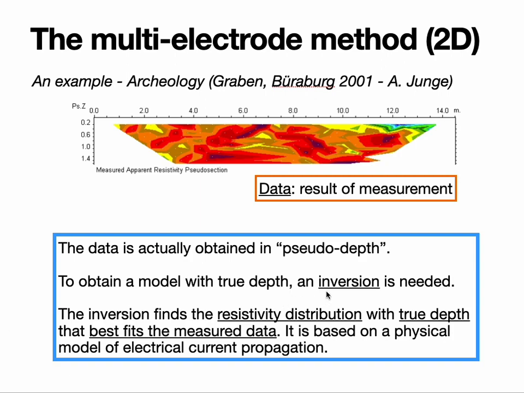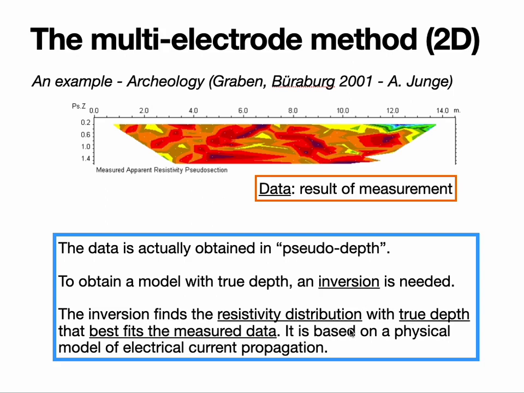So once we have this data in pseudo depth, we need to run an inversion procedure. The inversion is how we find the resistivity distribution in true depth coordinate that best fits the measured data.